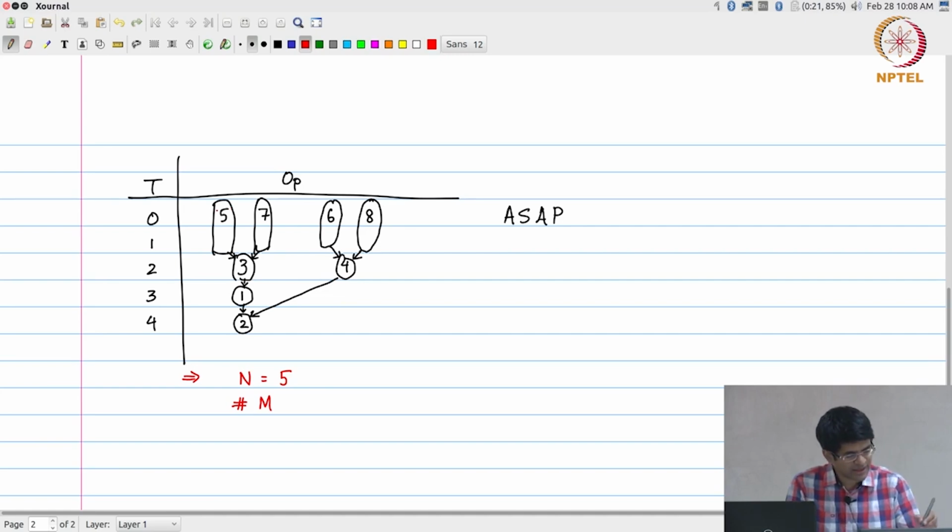Over here essentially what I can see is, in time step 1, if I write down over here, number of multipliers that need to be there to start this off, in time step 0 it is 4. In time step 1, what is it?